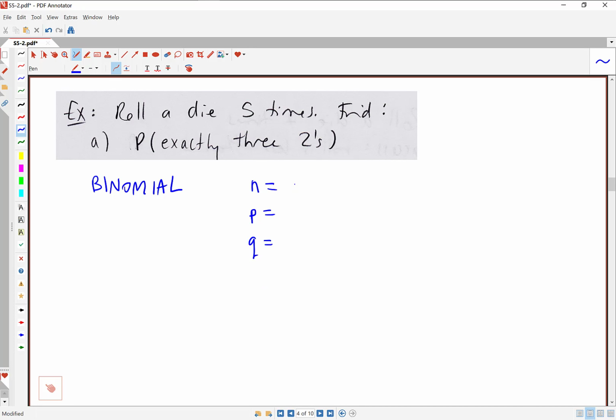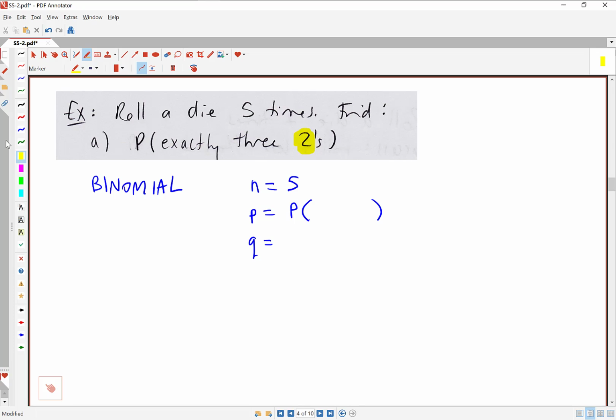So N represents your number of trials. That's the number of times you're doing this repeated process. So that'd be 5, because we're rolling the die 5 times. P represents a probability of success. Okay, so it's going to be the probability of whatever we're considering a success in this problem. And for that, we have to read the problem. We're trying to calculate the probability that we get exactly 3 2s.